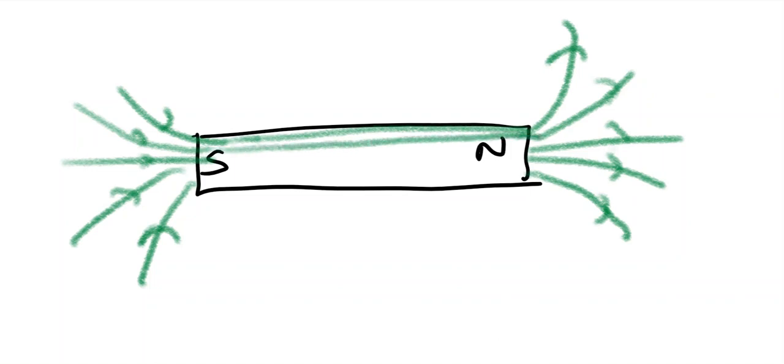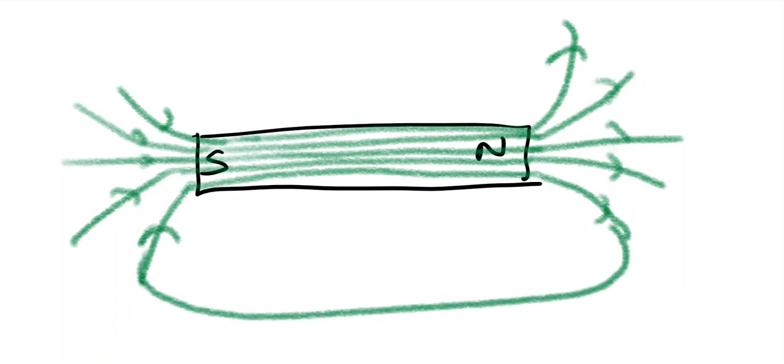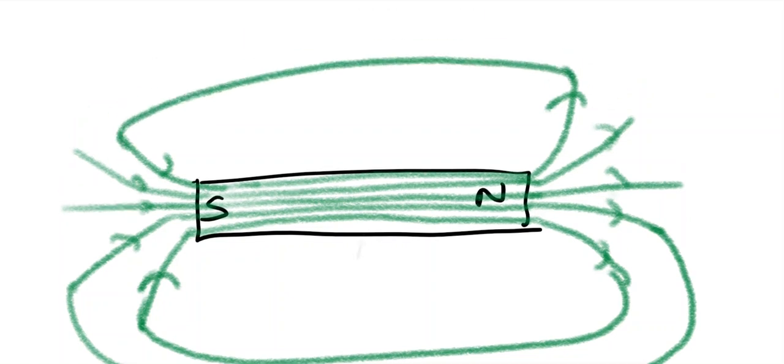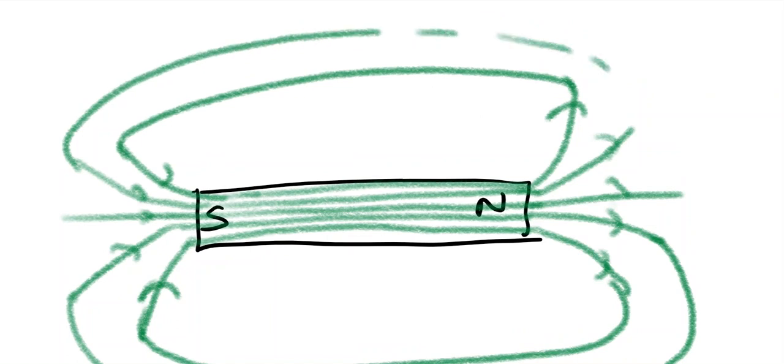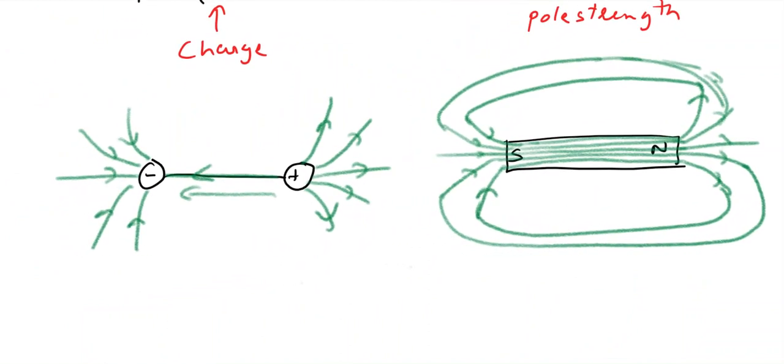Okay, this is how field lines go inside the bar magnet, and hence the essential difference between electric field and magnetic field is magnetic field lines form closed loop. See, magnetic field lines, this is how they form closed loop. So that is very essential and basic difference between electrostatics and magnetic field. Electric field lines of stationary charges don't form closed loop, but magnetic field lines do form closed loop. They start from north pole, they enter into south pole.